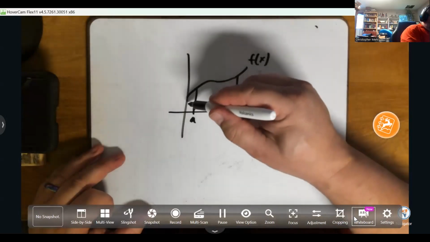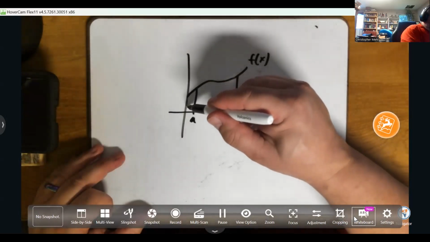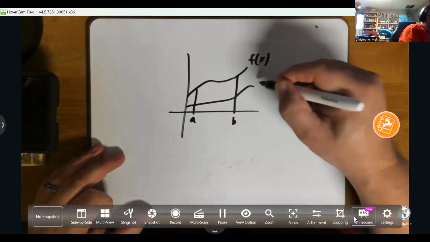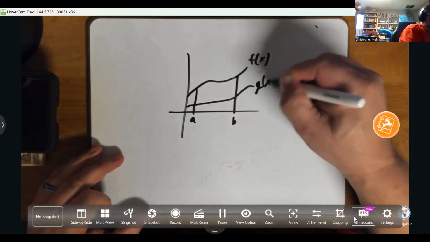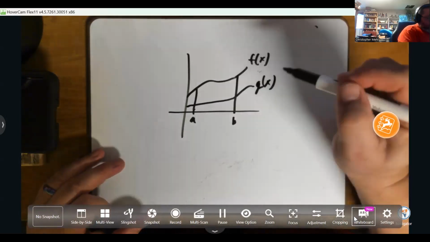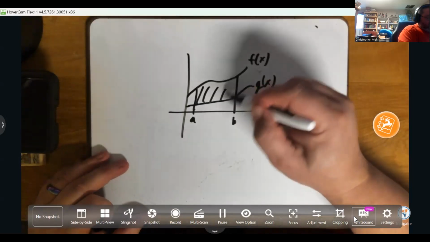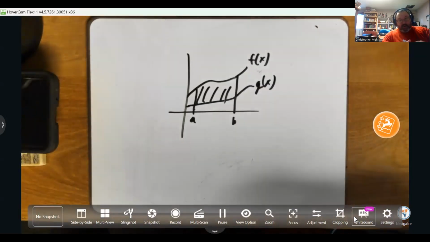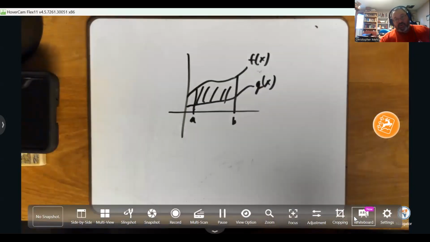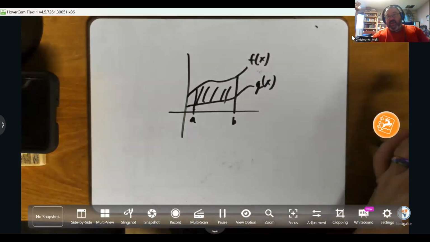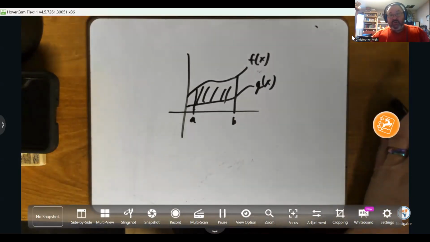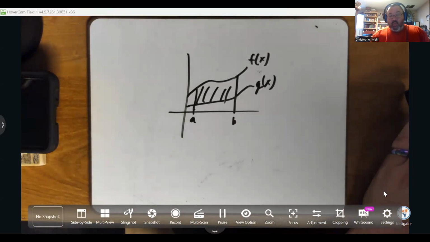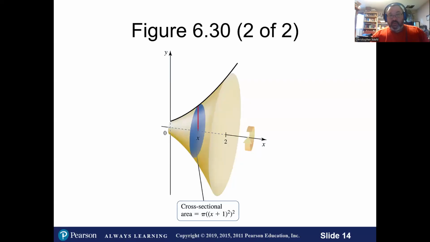But instead, now let's suppose that I have another curve g of x. And so R, instead of being bounded by the x-axis, is bounded by an upper and a lower curve. What would you do then? Okay, and that is what leads us to the washer method.